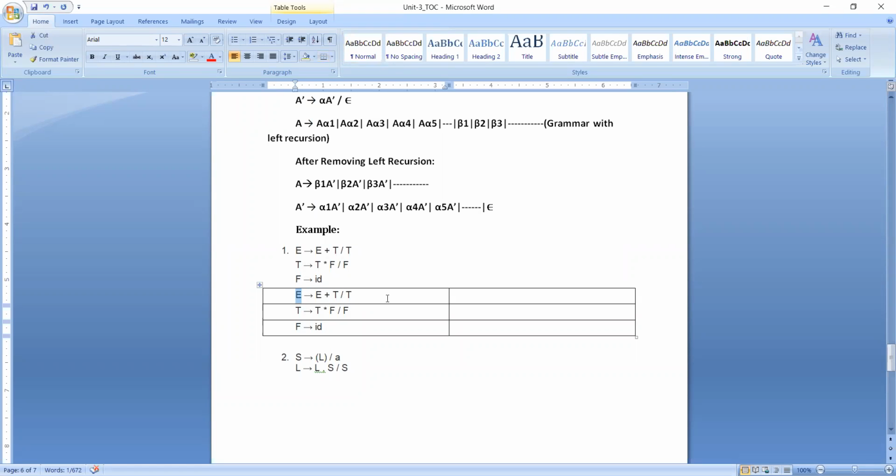Capital E. And what is the symbol acting as the first symbol on the right hand side of the production? Which is nothing but capital E. So this E and this E both are the same. Now we can say that this production has left recursion.